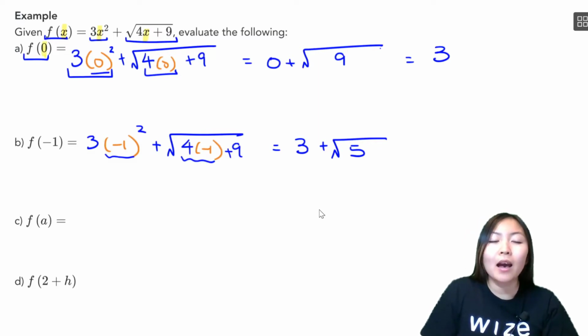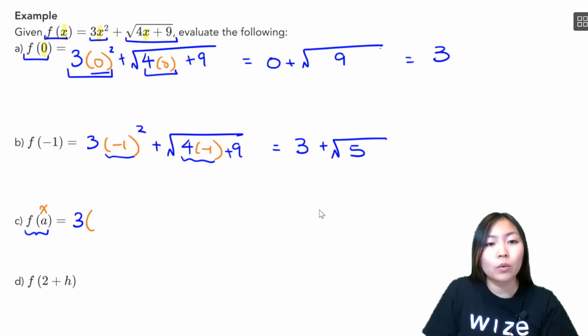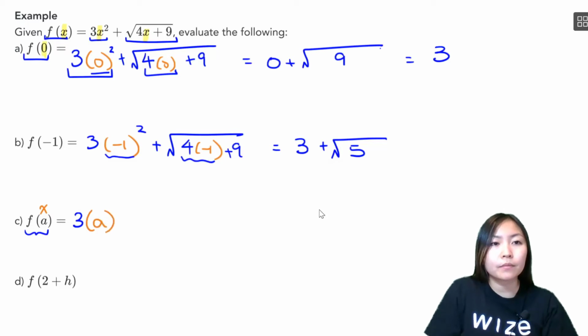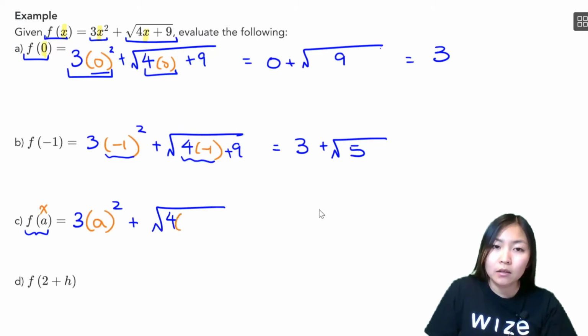So here I have f at a, or f of a. Well, where's the number? All I'm doing is I'm replacing my x with the number a. So anytime I see an x, I'm going to replace it with a. So on the right-hand side, we get 3x squared is now a squared, plus the square root of 4x, so that's the square root of 4 times a, plus 9.